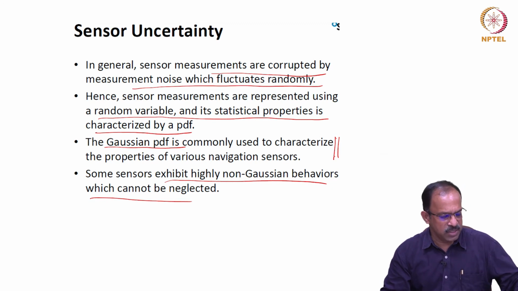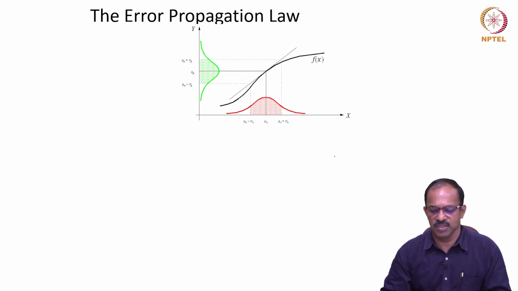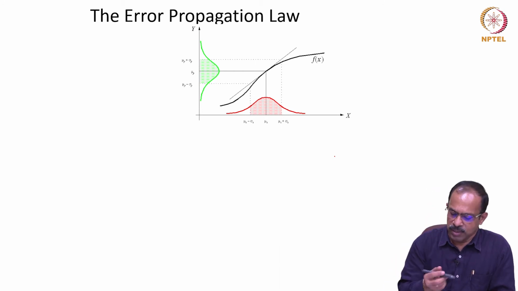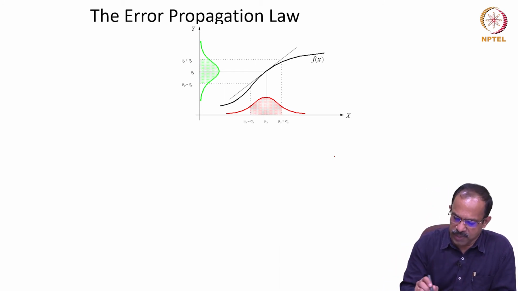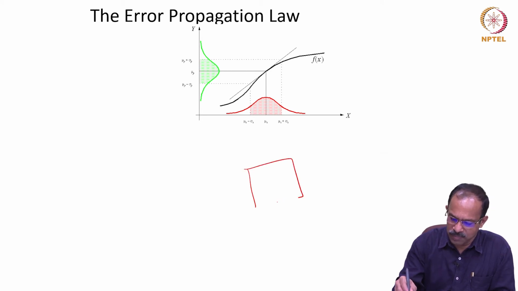To explain this, please have a look at this diagram. It shows the x versus y plot. Now, to take an example of a mobile robot, assume we have two wheels.